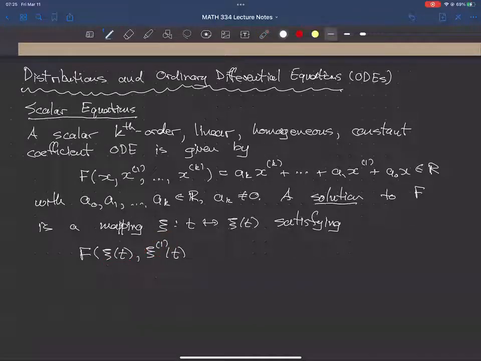This is potentially confusing, but that's how I do it. And I ask that this be equal to 0 for all t, and the t lives somewhere. I'm not going to fuss too much about that right now. For example, it could be defined on all of R.